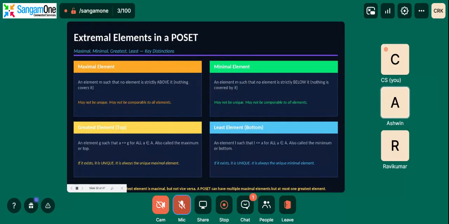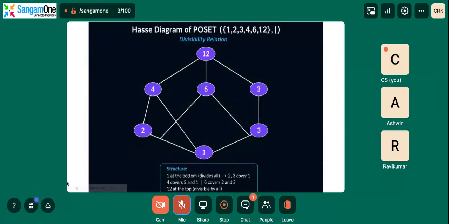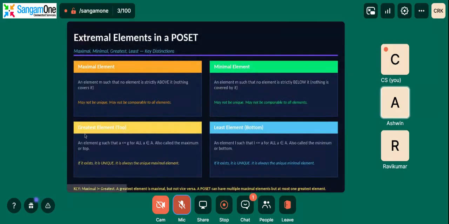Then least element, the bottom. You can say these are not distinctive, but they become distinctive when you solve problems. The conditions may seem the same, but they are distinct.